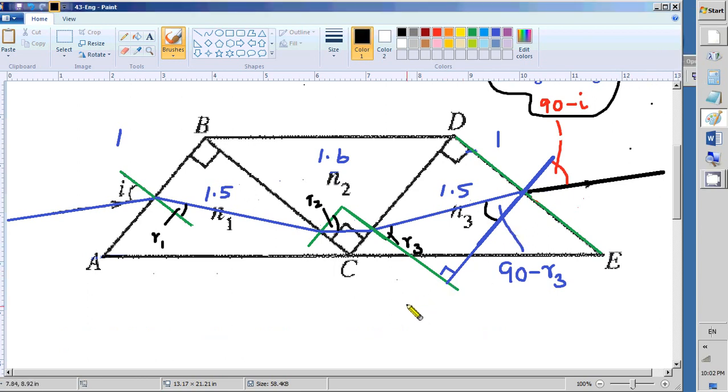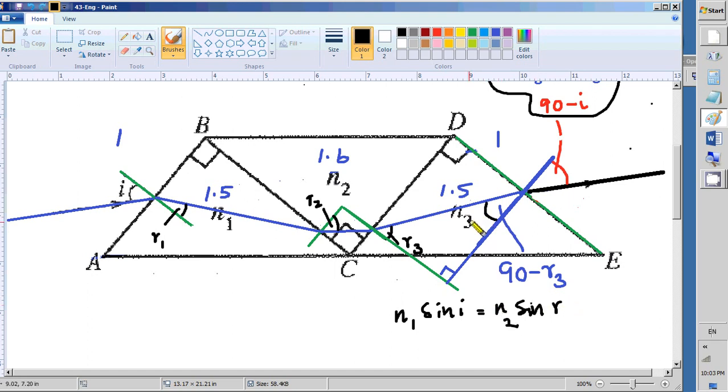So now let's apply Snell's law. What is it? N1 sin I equals N2 sin R. The refractive index of a medium and the angle in the same medium, and the refractive index of the other medium and the angle in the same medium.